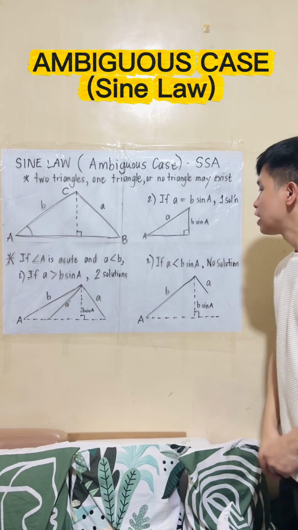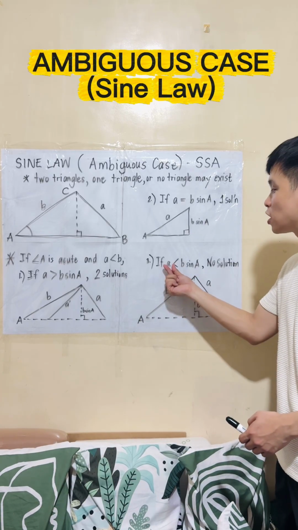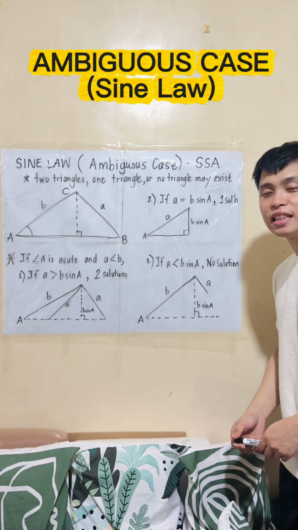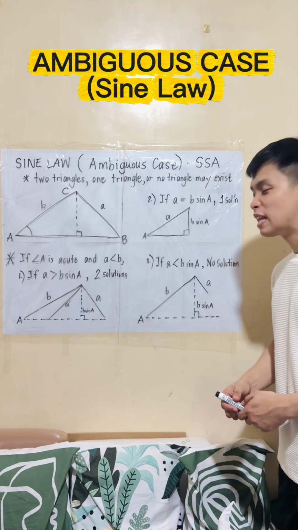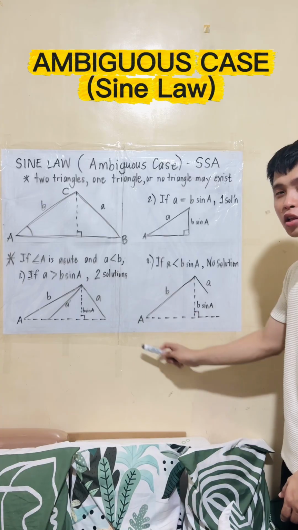And lastly, if we have A less than B sine A, if side A is less than the value of B sine A after multiplying them, then there's no solution. That means no triangle will be formed. Take a look at this illustration.